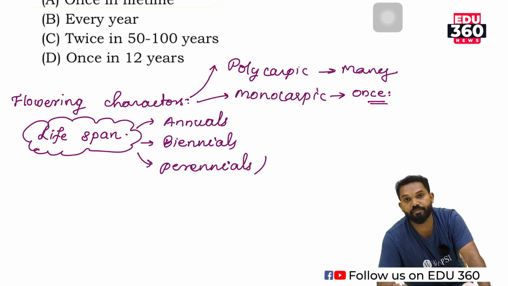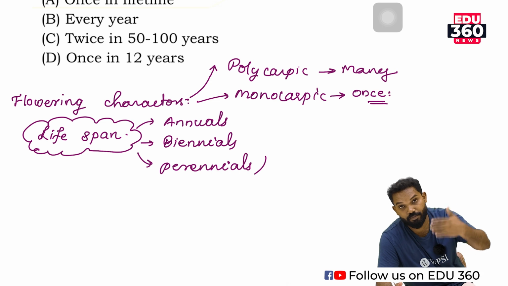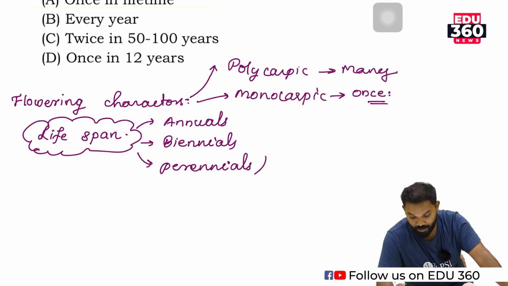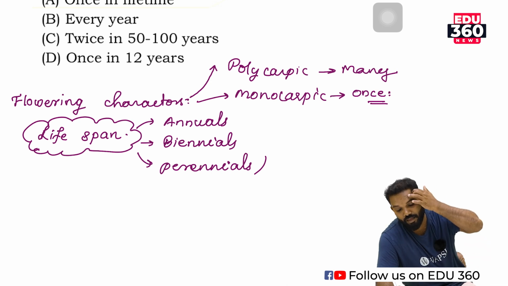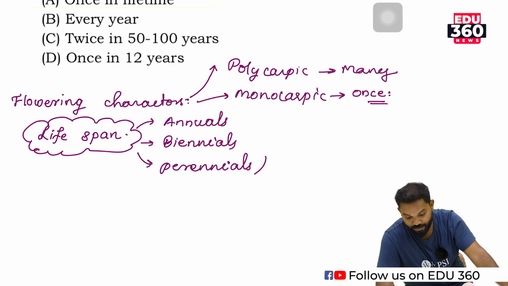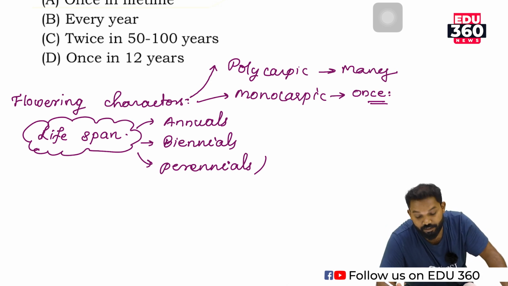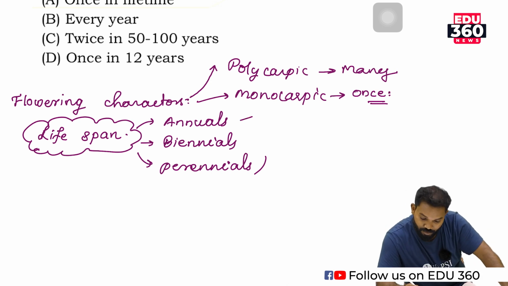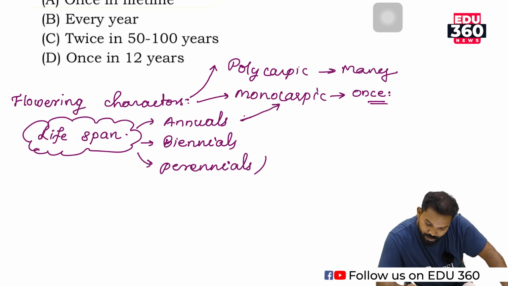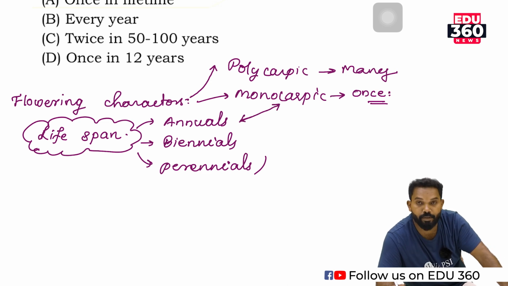Example, mango trees flower every season, many times in their lifespan. But wheat and rice plants flower only once in their lifetime, and their lifespan is only 1 year or less, so they are annual. So wheat, rice, etc., are monocarpic annual plants.